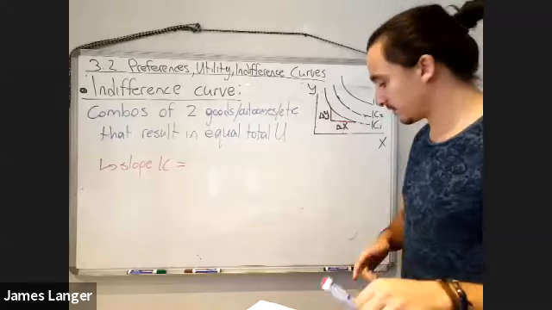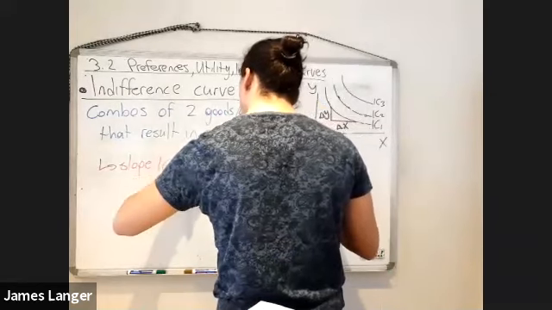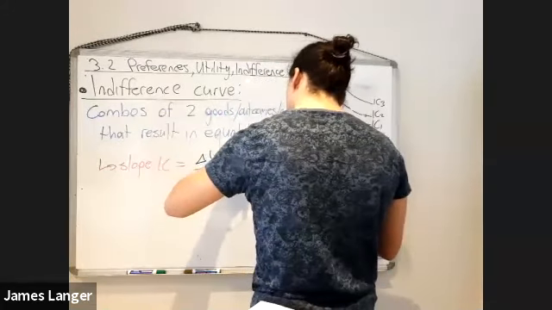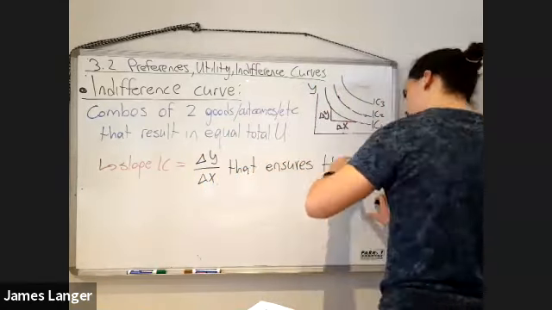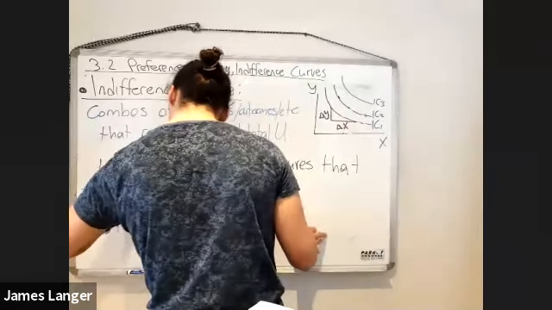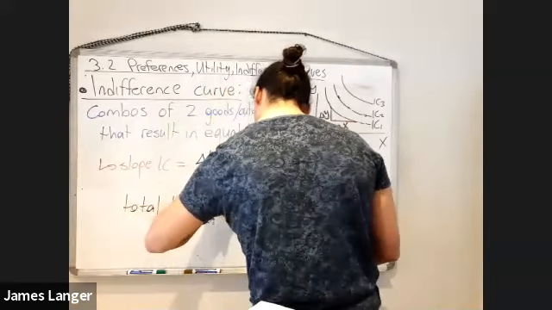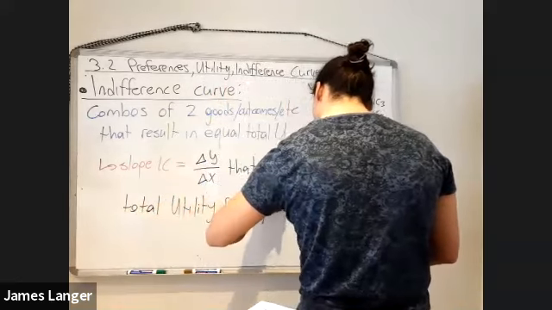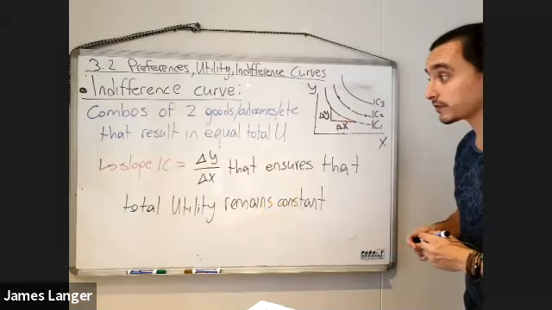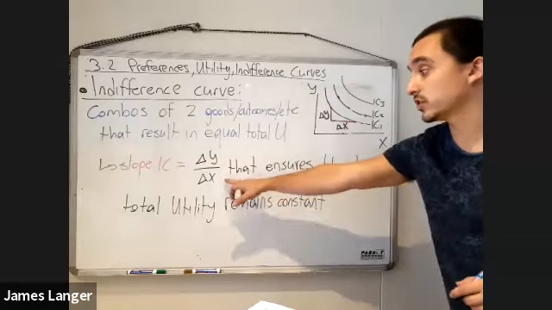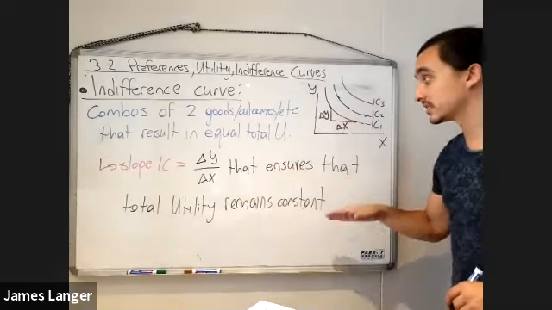The slope of the indifference curve, what it represents is the change in y over the change in x that ensures that total utility remains constant. Okay? So the slope of my indifference curve is going to be equal to the change in y over the change in x that ensures that total utility remains constant.